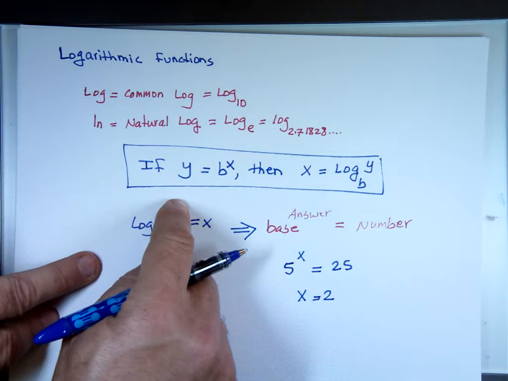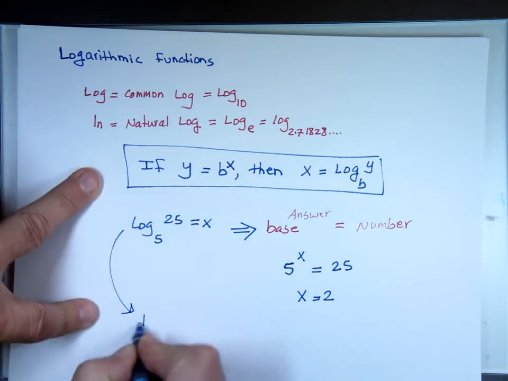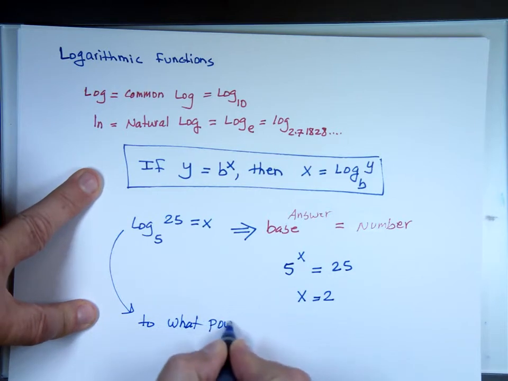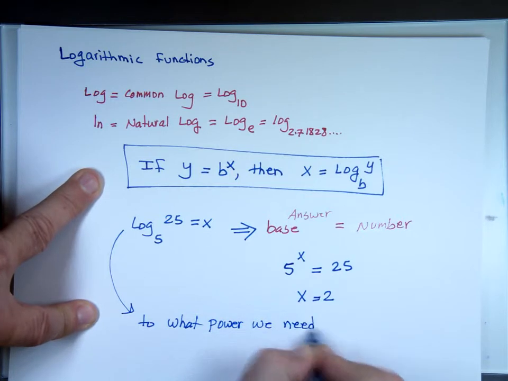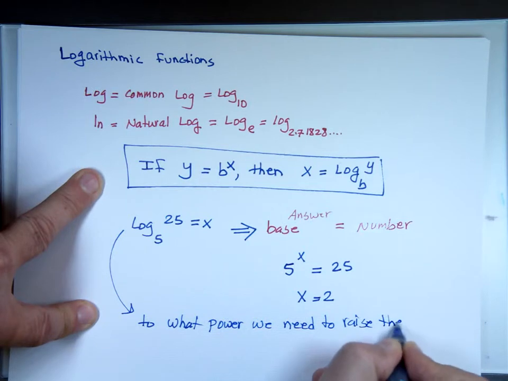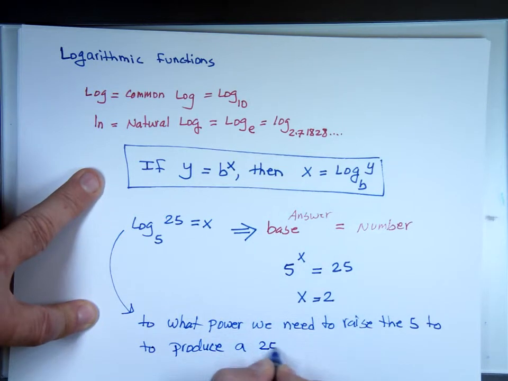So when you see the log of 25 base 5, basically the question really is, to what power do we need to raise the 5 to produce 25?